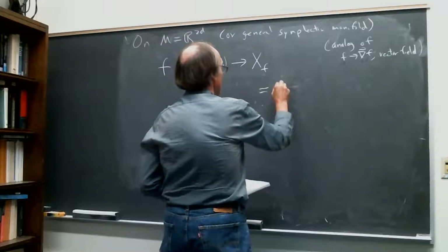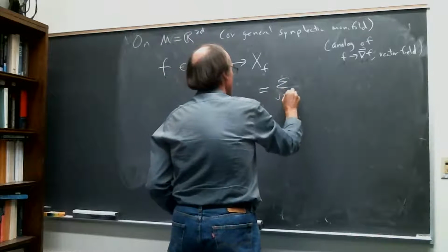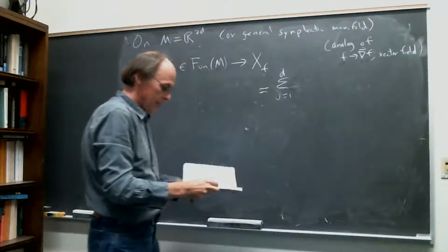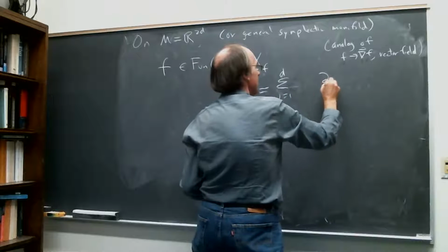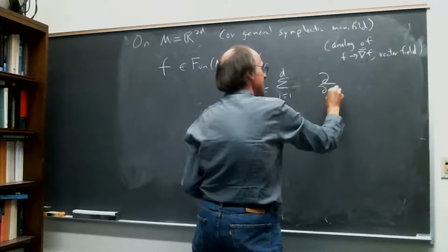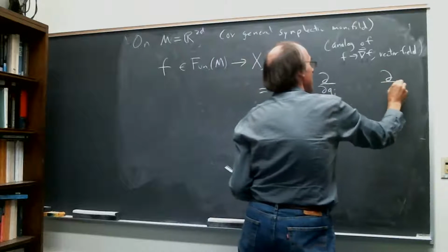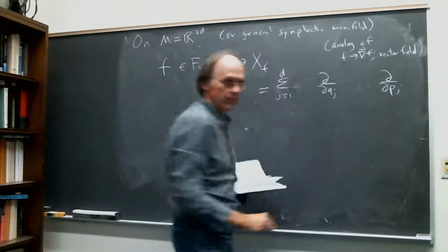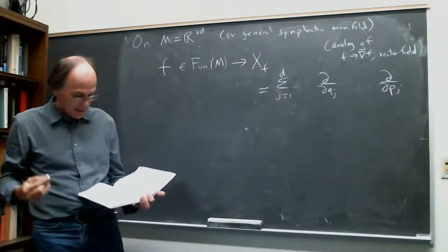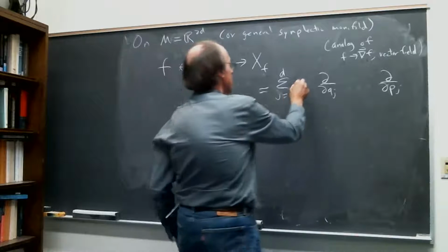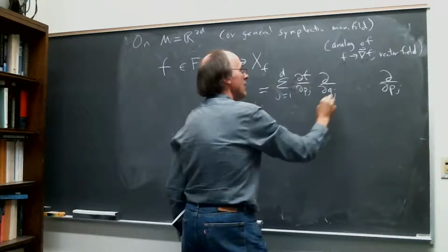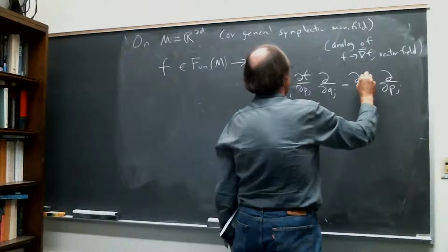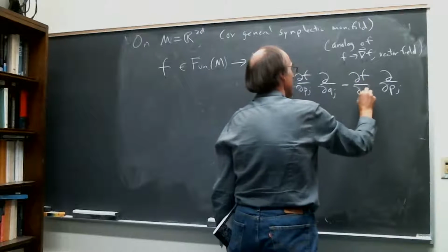So write down the formula. It's the sum, because it's going to be a vector field, so it's going to have some ∂/∂q_j components, and then it's going to have some ∂/∂p_j components. And then the coefficients are just the ∂f/∂p_j minus the ∂f/∂q_j.